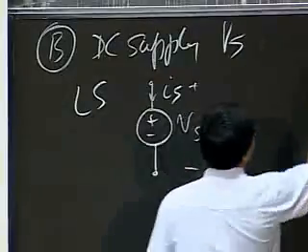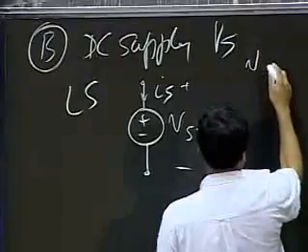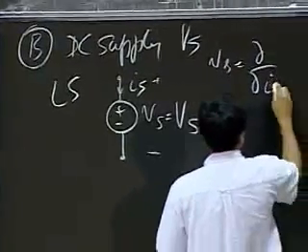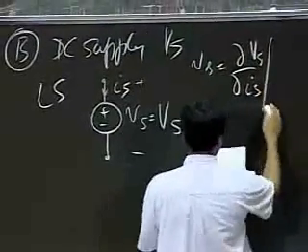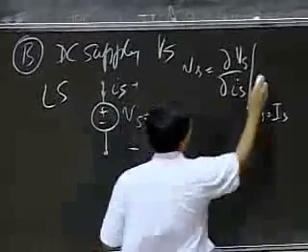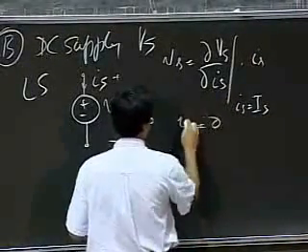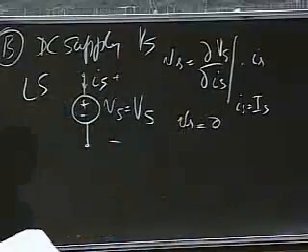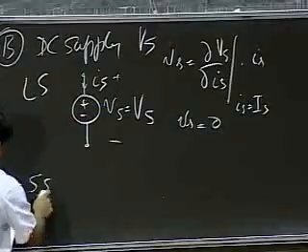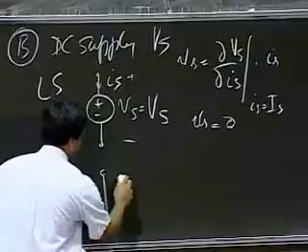Or mathematically, small Vs is del Vs by del Is evaluated at Is equals some capital Is, times small is, and therefore small Vs equals 0. So the small signal model for my voltage source is simply a short circuit.